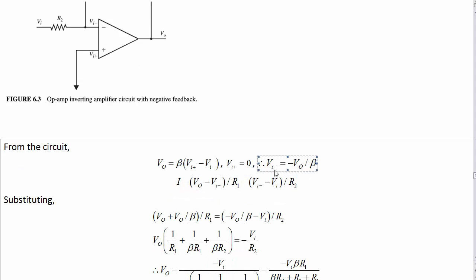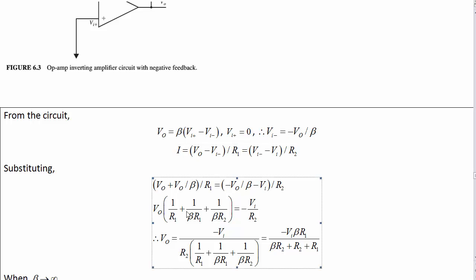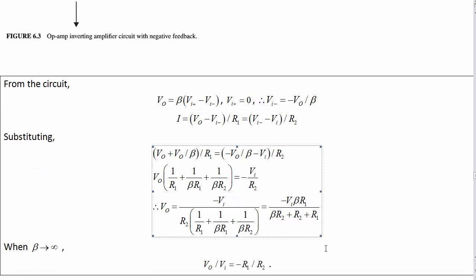Substituting our negative input terminal voltage in terms of the output into this, and then solving for the output voltage, you can come up with this expression, which sure enough, in the limit of infinite beta, is negative R1 over R2 times the input voltage.